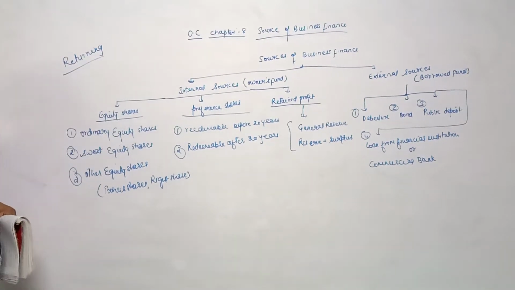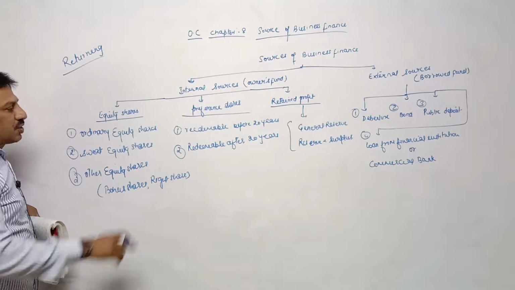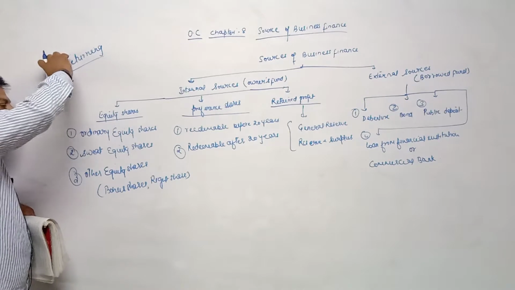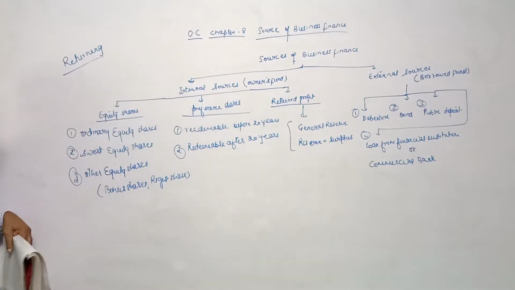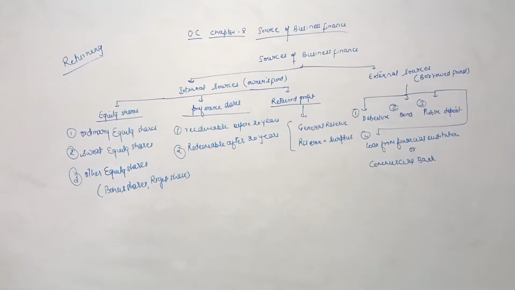For share or debenture, we are using the words issue and redemption. Issue means receiving amount. Redemption means returning amount. So redeemable before 20 years and redeemable after 20 years. Then retained profit, again general reserve, reserve and surplus. Various other names are there: accumulated profit, workman accident compensation fund, profit and loss account.